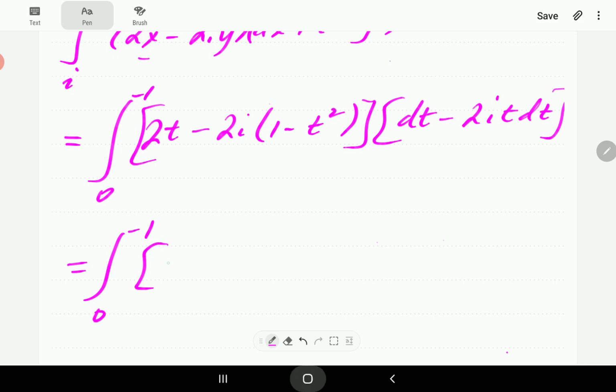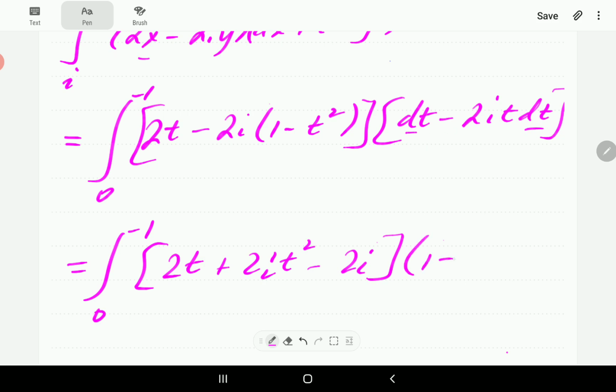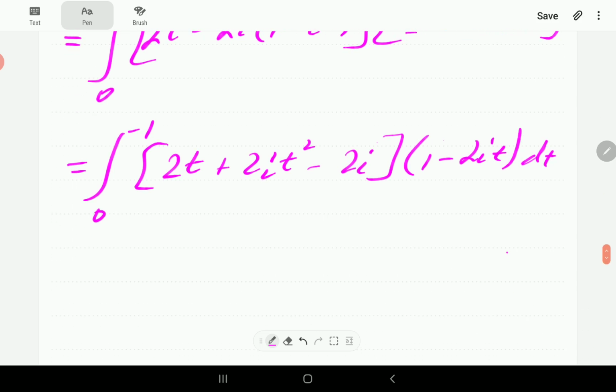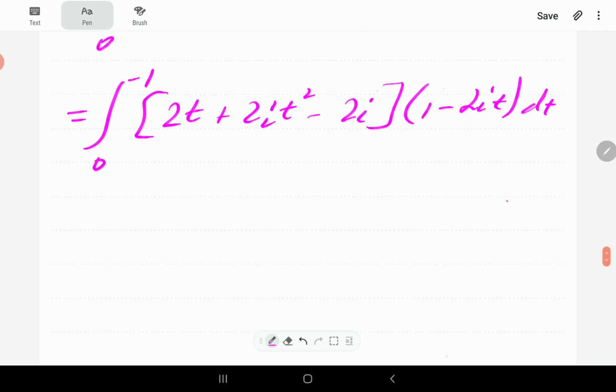So if we remove brackets in the first term, this is going to be 2t plus 2it squared minus 2i. And then if we factor out dt here, we're going to have 1 minus 2it dt. This time, well, this term is not a constant, so we can't just factor it out. So we need to multiply this out first before we can integrate.